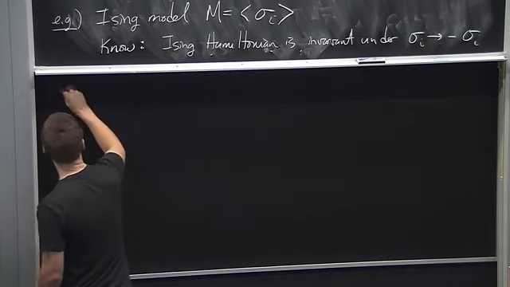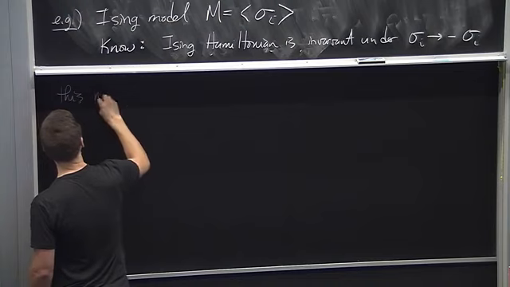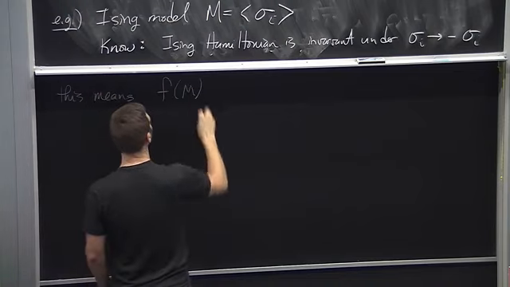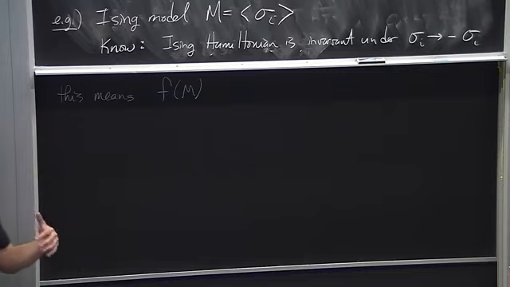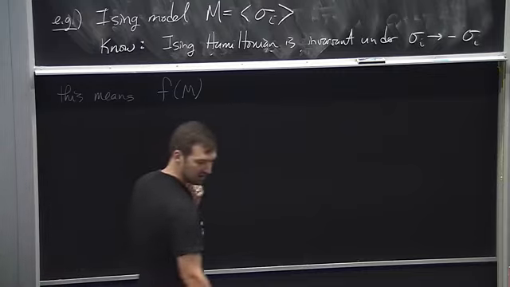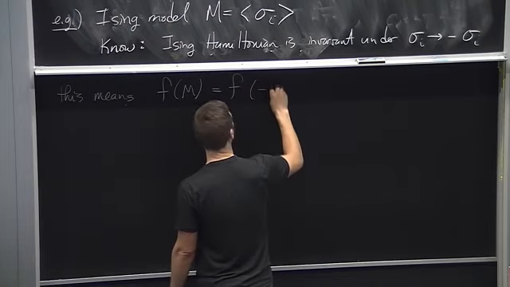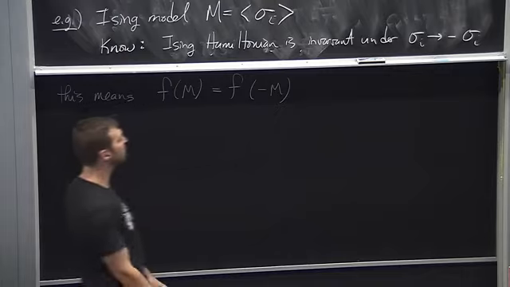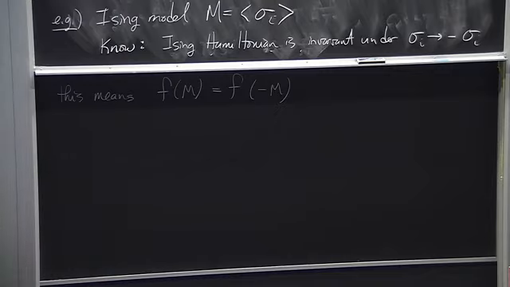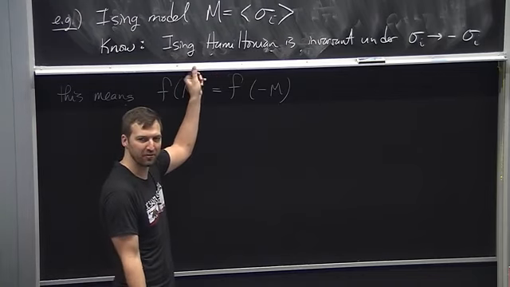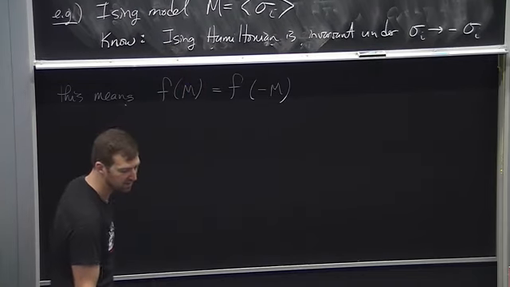Means that the free energy, which we're writing with respect to a variable that's the order parameter, which is the magnetization, has to be invariant under that symmetry operation. And at low temperatures, what happens is you have spontaneous symmetry breaking of that invariance. Okay.